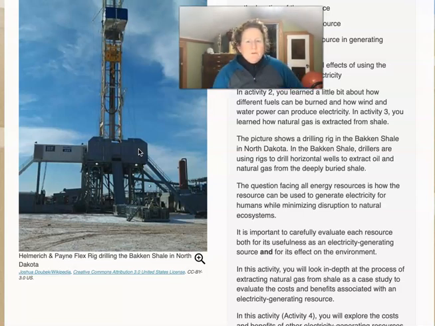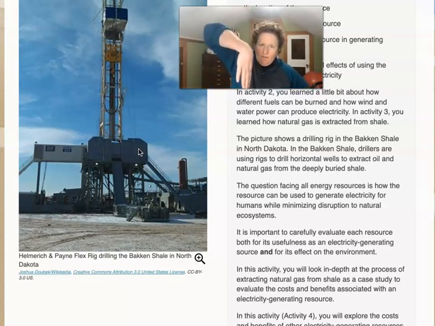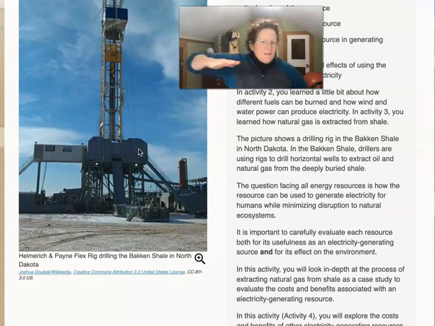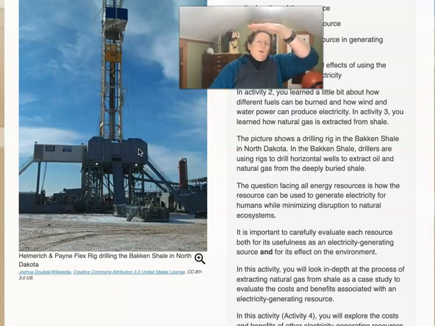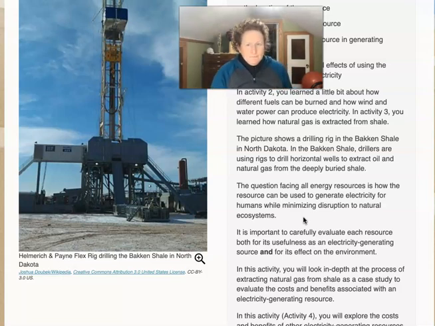In the Bakken Shale, drillers are using rigs to drill horizontal wells, so they drill down vertically and then they drill sideways, that's the horizontal drilling, to extract oil and natural gas from deeply buried shale. So shale is that layer that's way far down that holds oil and natural gas from rotting biomass that was deposited millions of years ago.